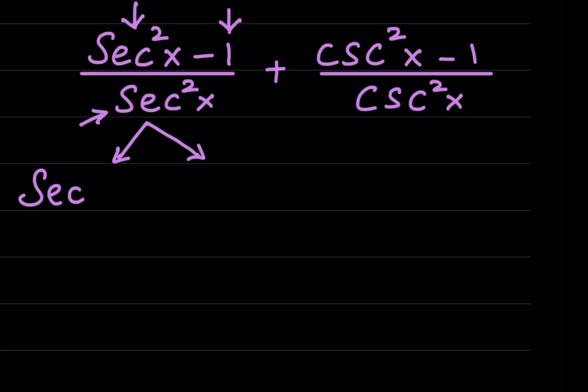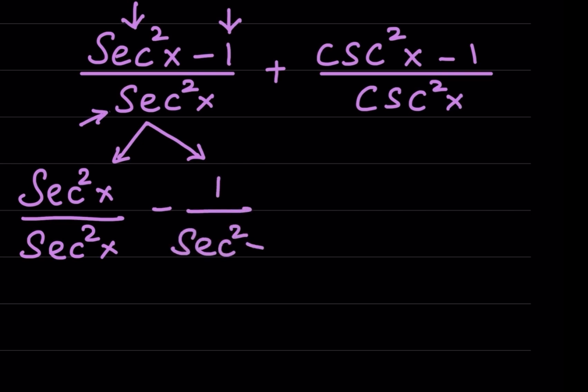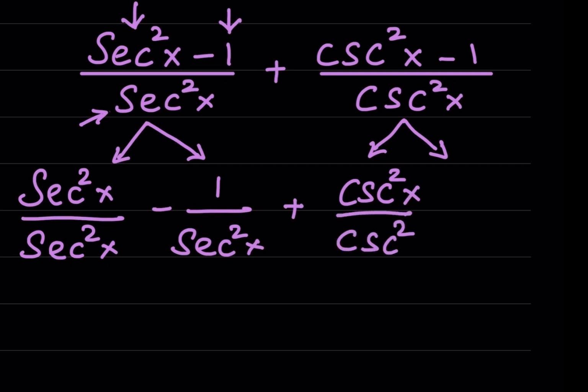Secant square x divided by secant square x minus 1 by secant square x plus, I'm going to do the same thing here. I'm going to split the numerator. Cosecant square x divided by cosecant square x minus 1 by cosecant square x. Now these two got cancelled out.